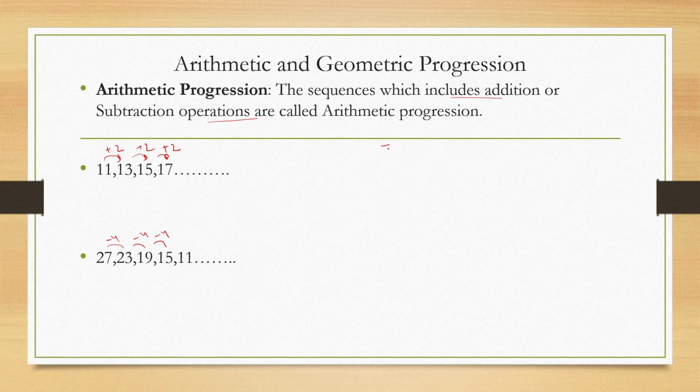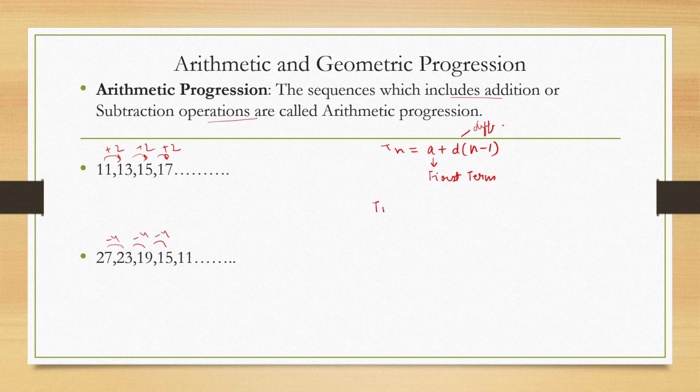The formula is Tn equal to a plus d times n minus 1. Here a is the first term, d is the difference and n is the nth term.